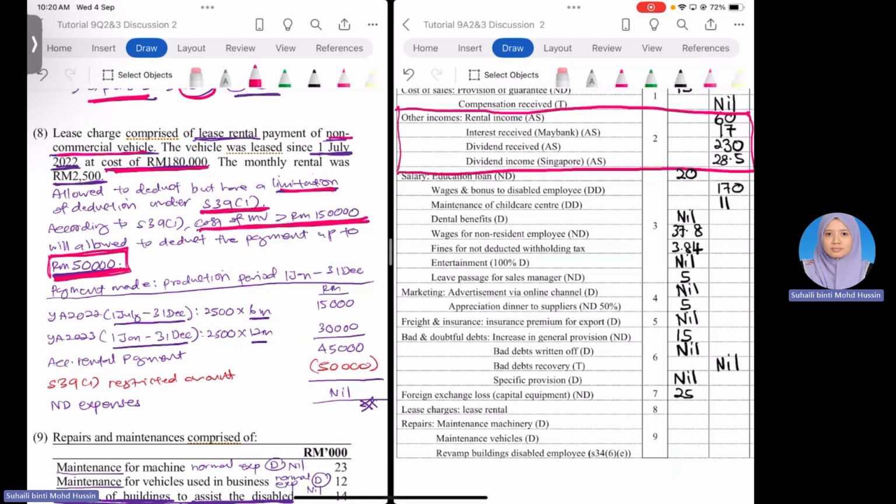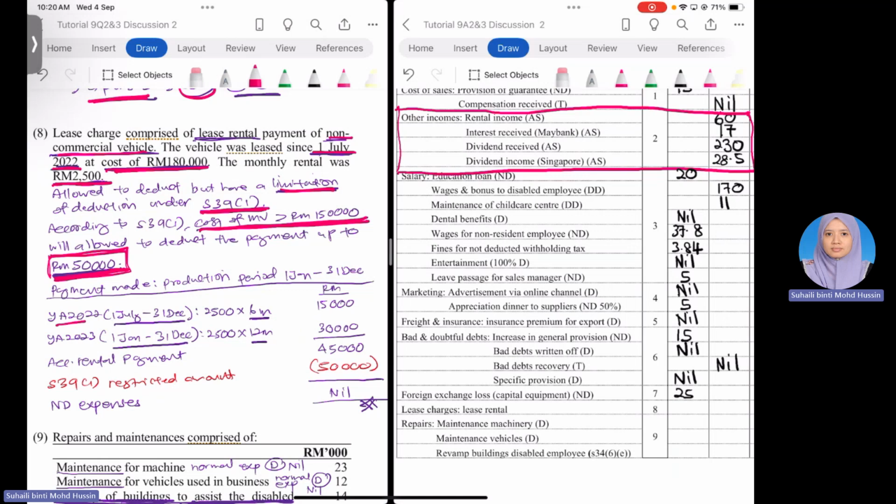It's stated in the question that the company makes lease rental payments of 2,500 ringgit per month starting on 1st July 2022. So the company started paying in year of assessment 2022, the first year.